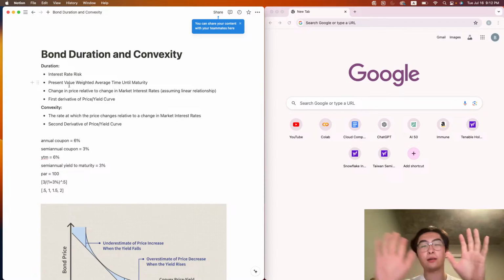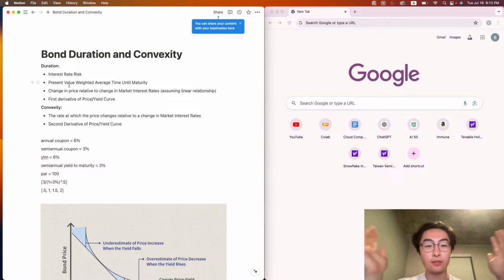So that's the idea of Macaulay duration, the present value weighted average time until maturity. And one key thing before I go to the next definition is that if you have changes in interest rates, your price is going to change.